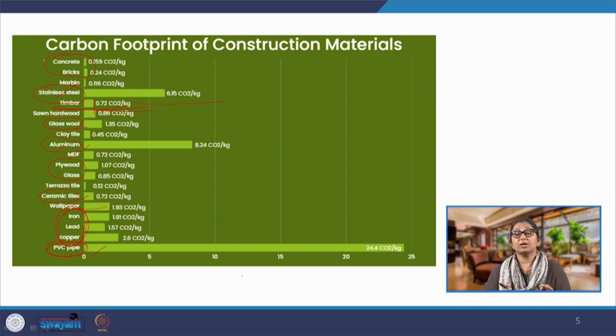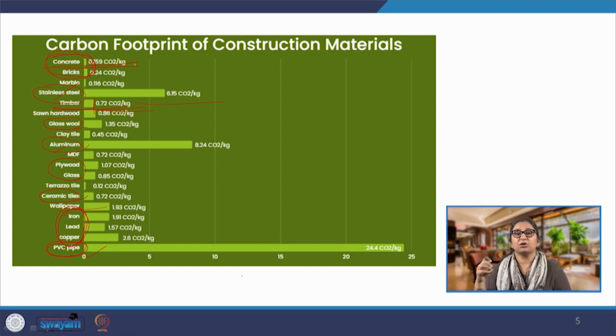But if we are looking at other factors of material selection, then we will see that brick and concrete still have significantly lower carbon footprint. Concrete has a very low carbon footprint, but it is still there, and within that, as we have already seen, cement is the biggest contributor to whatever number we are getting for concrete.